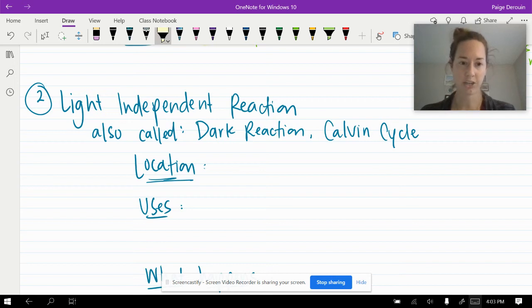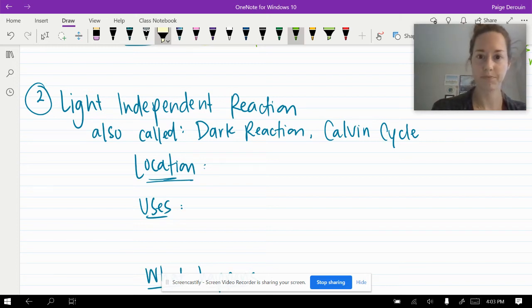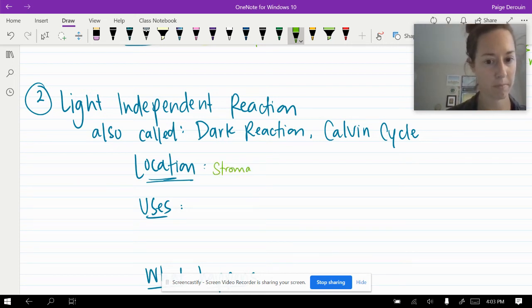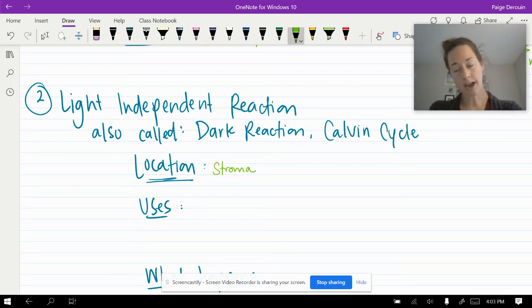The light independent reaction is called that because it does not require light in order to do it. The location of our light independent reaction is the stroma, which is the fluid outside of the thylakoid.